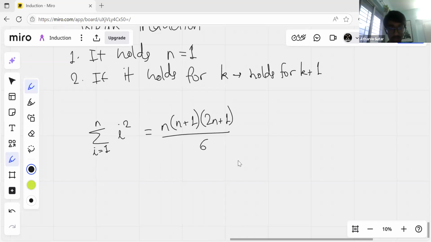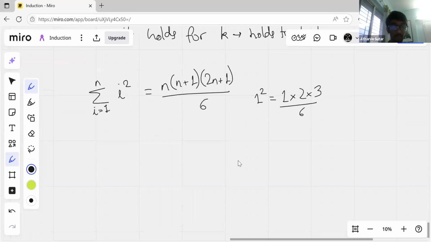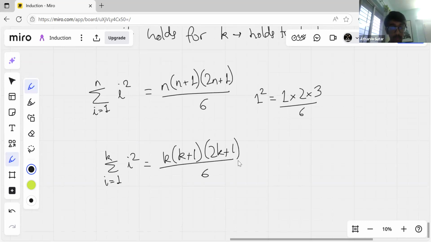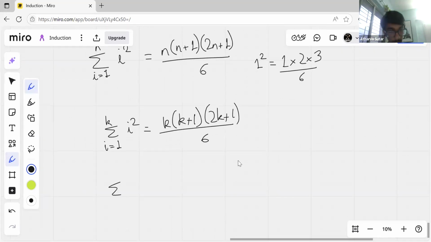You can just see that 1 squared is equal to... And for now you assume this is true, and you want to prove that this is true.